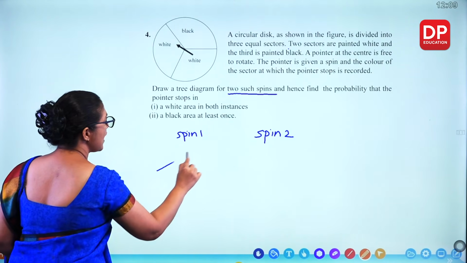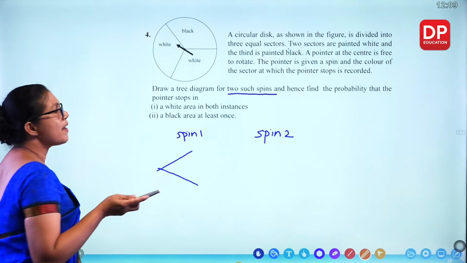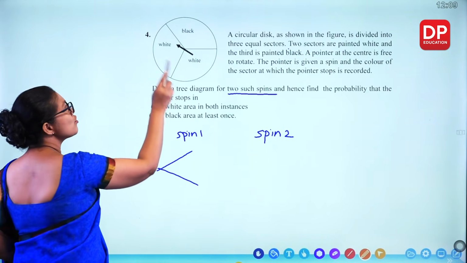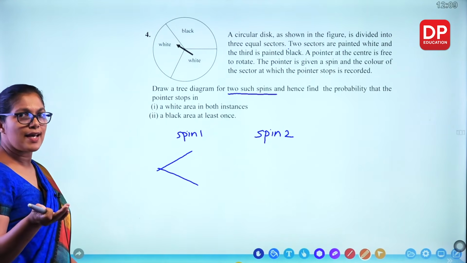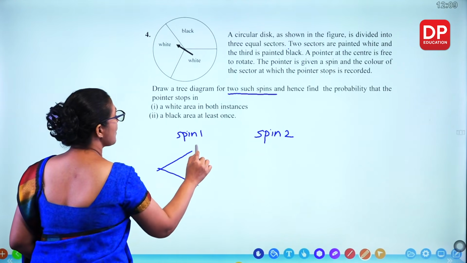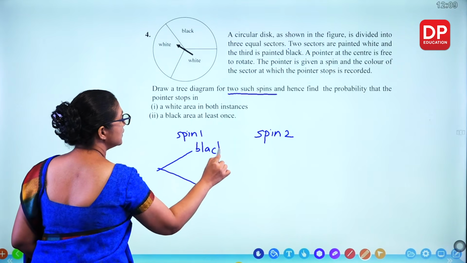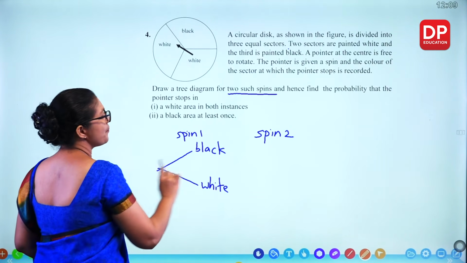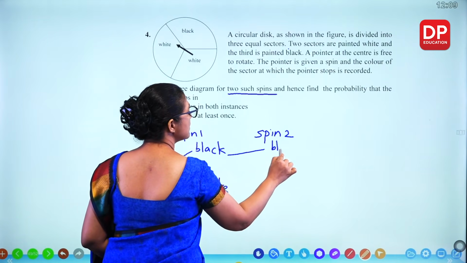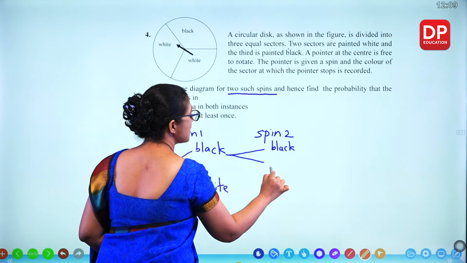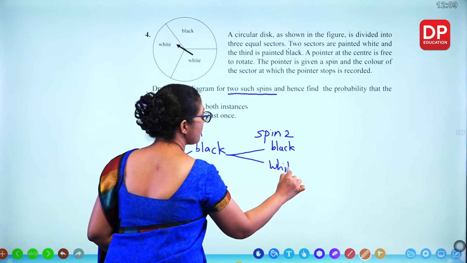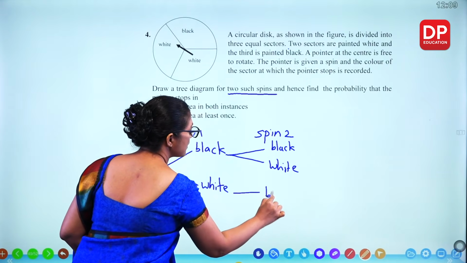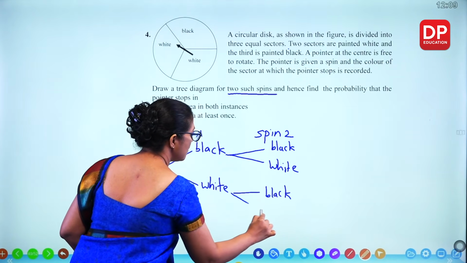White, black. So you need to draw only 2 branches. Even though there are 2 whites, we consider as white. Black, white. No need for another white branch. Black, white. Black, white.